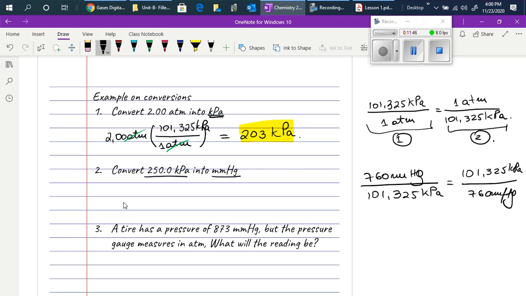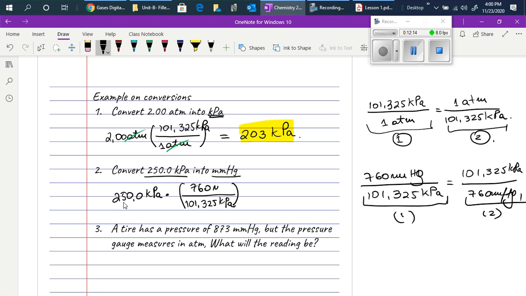We start with what is given, 250 kilopascal, times, using the unit conversion, ratio 1, because we want to cancel the kilopascal units in the numerator, so we need them in the denominator, and 760 mmHg.